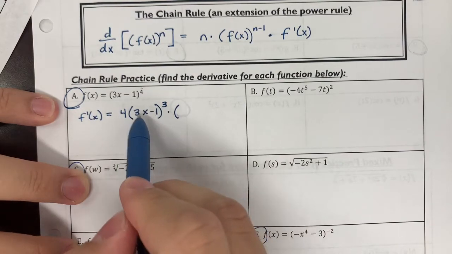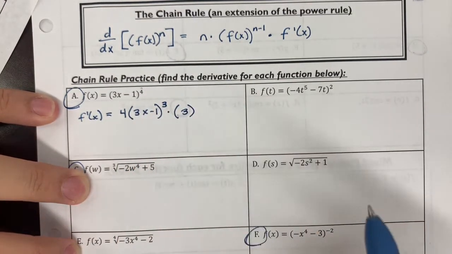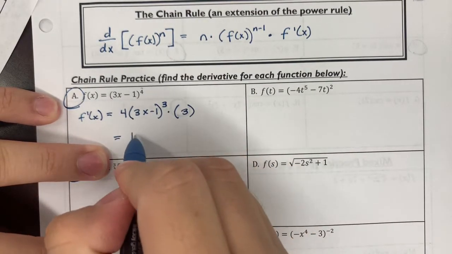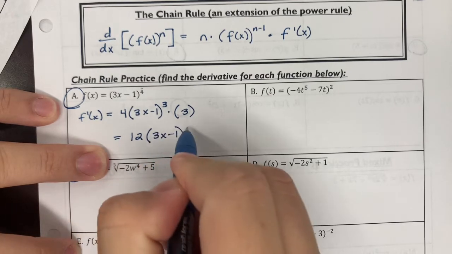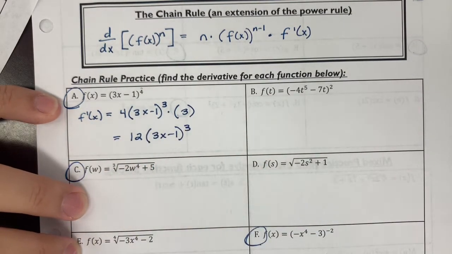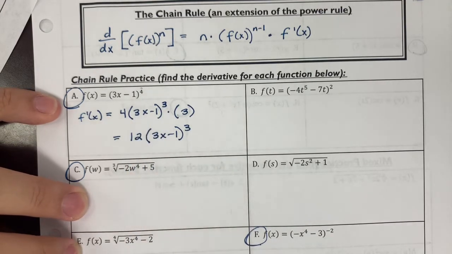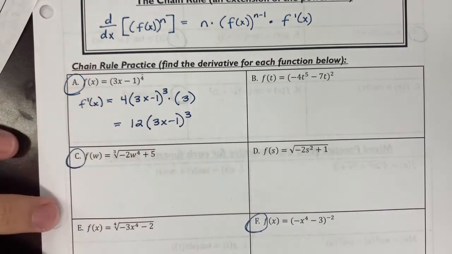So the derivative of the inside is just going to be 3 for 3x, and then minus 0, so we'll just leave it as 3. And so we can combine the 3 and the 4 together, so that'll be 12 times (3x minus 1) cubed. All right, so again, the chain rule is pretty straightforward. You just have to remember to do that extra step of multiplying by the derivative of the function inside the parentheses.